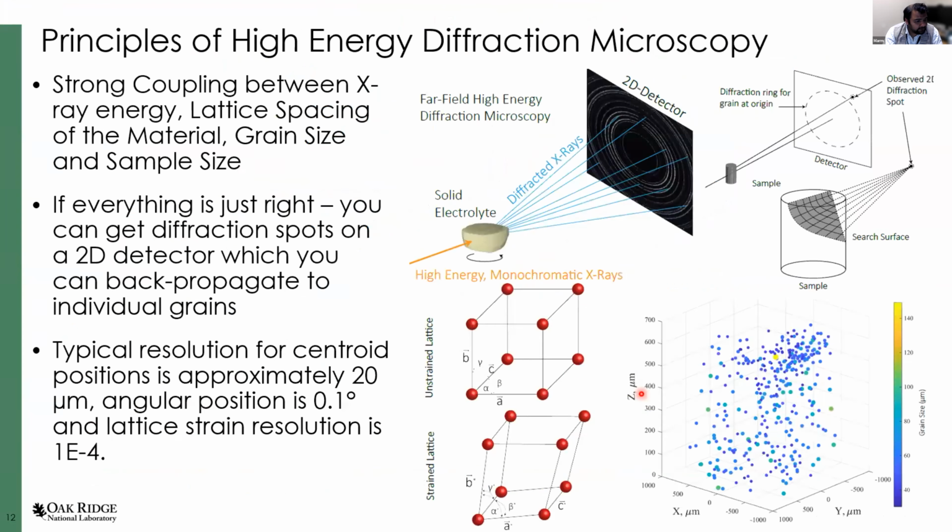I'm preaching to the choir here, but essentially, if you get things just right in terms of X-ray energies, lattice spacing, grain sizes, and the sample size, you can track the grain center of masses as well as the lattice strain as you cycle these batteries.